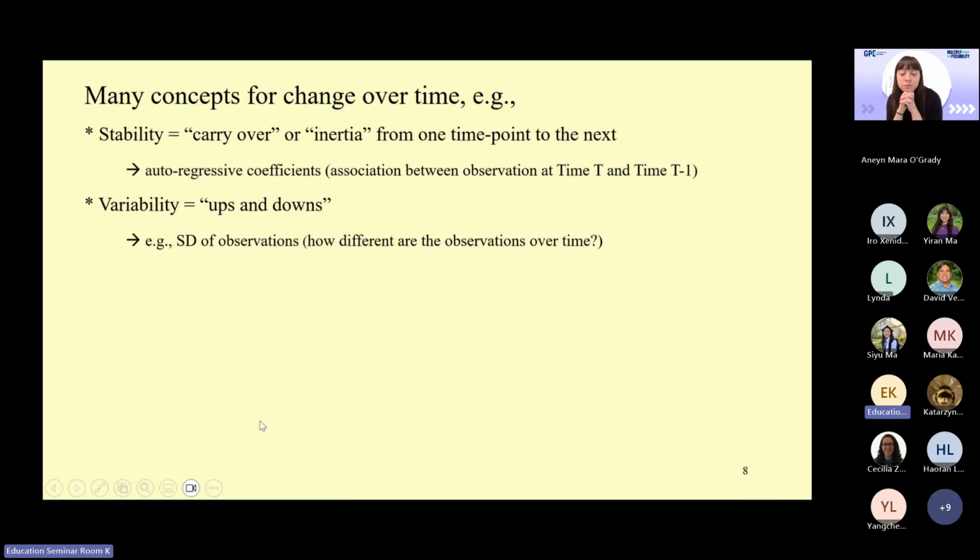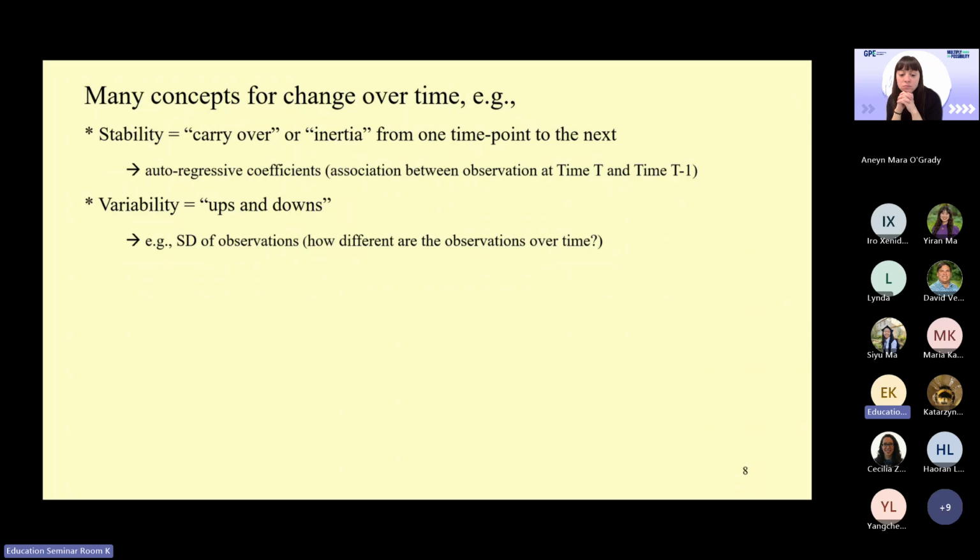So there are a lot of concepts now that we use in the field for conceptualizing what happens over time. So we can think of stability. This is something that is carried over, or inertia, from one time point to the next. And the statistical unit to look at is the autoregressive coefficient.